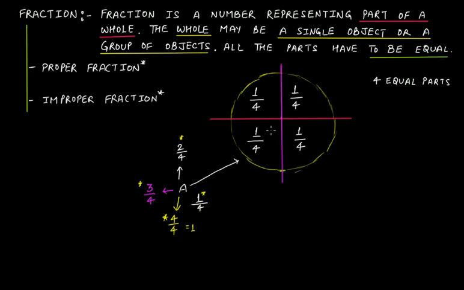Now if the person takes this part and this part, then that person is having 3 equal parts out of how many parts? Out of 4. That's a fraction. If that person takes this one, this one, this one, this one, now he or she has 4 equal parts out of 4 parts total. That's what a fraction is.